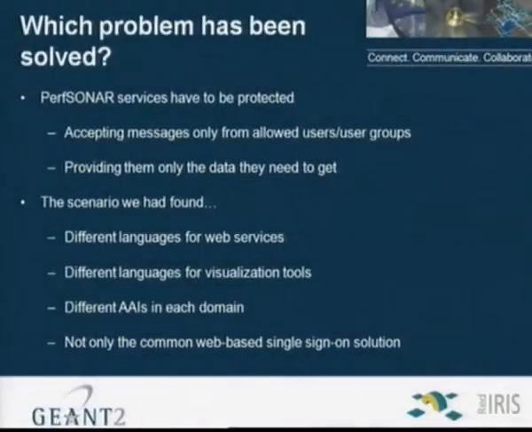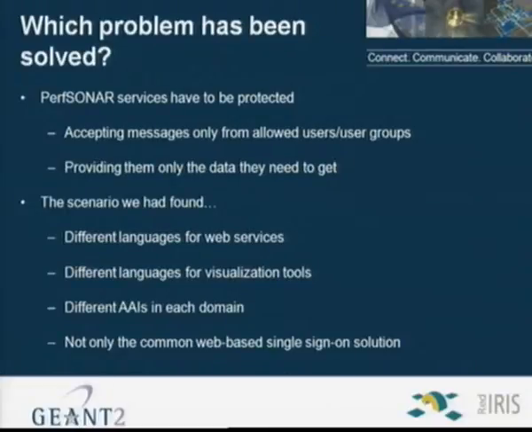So that's a good question that we have to solve. So we know that Persona services have to be protected. It has to define which kind of messages they are allowed to send, and depending on the role they get different data.